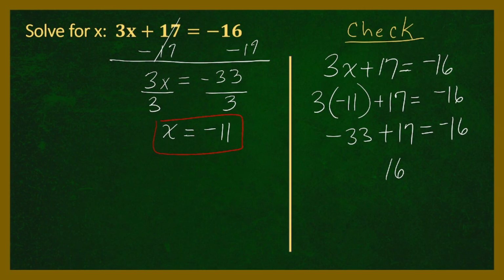Since 33 is larger than 17, and 33 is carrying a negative sign, our answer is going to be negative. So we have negative 16 is equal to negative 16, and that is correct. Therefore, our answer, x is equal to negative 11, is correct.